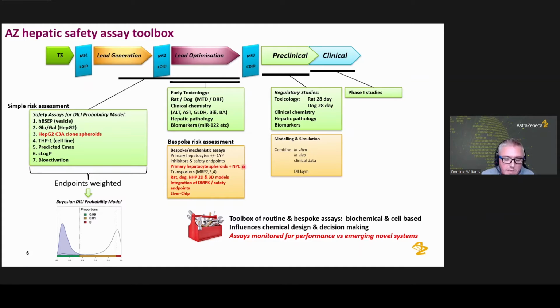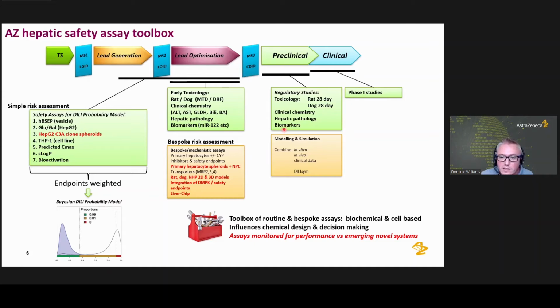We can use primary hepatic spheroids with non-parenchymal cells, Kupffer cells, and endothelial cells. We can look across preclinical species, primary hepatocytes, integrate DMPK safety endpoints, and also more complex models such as liver chip.